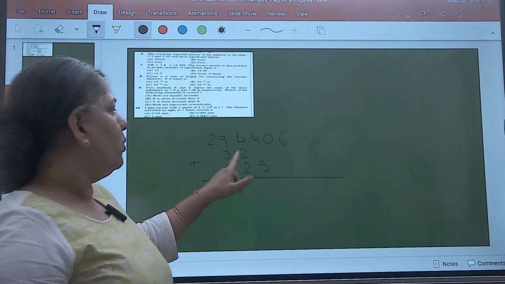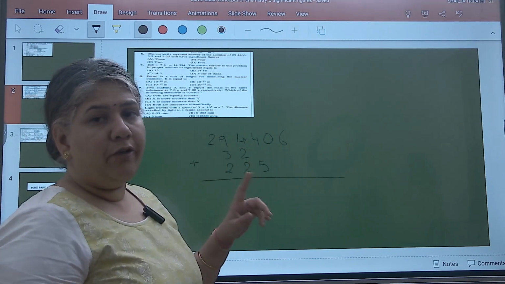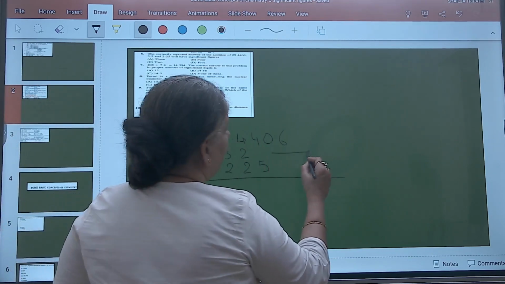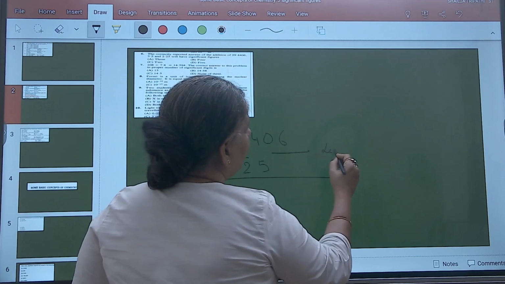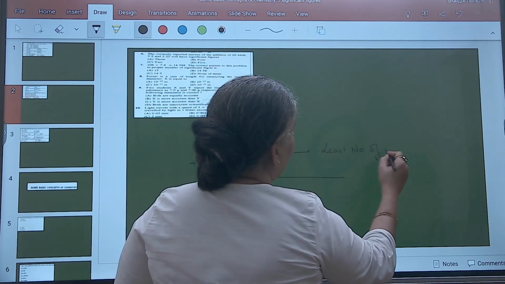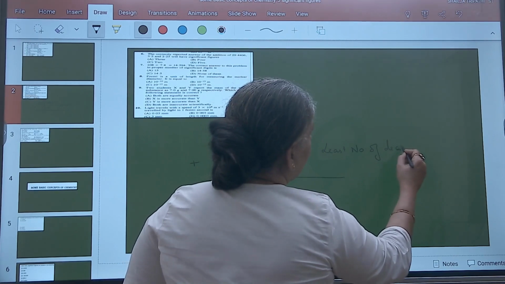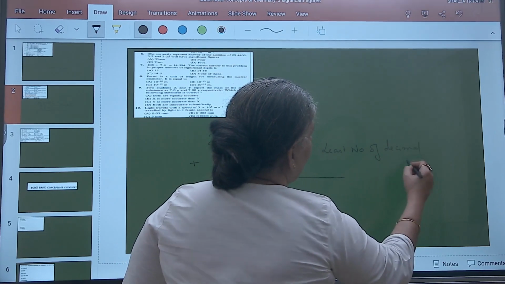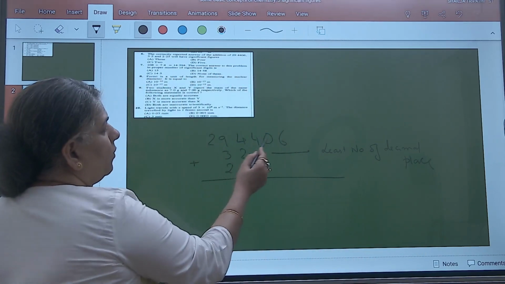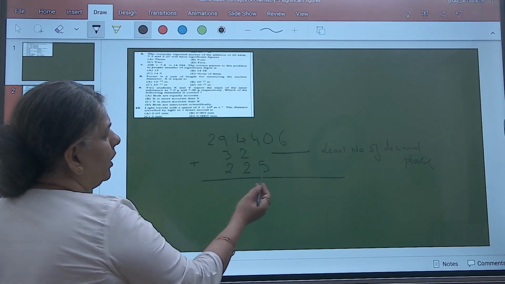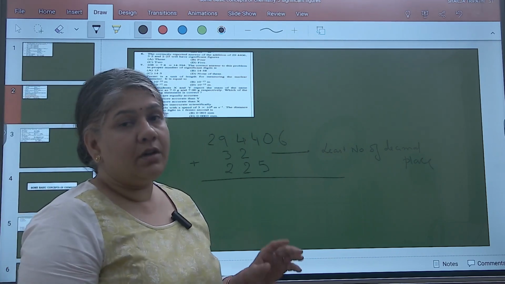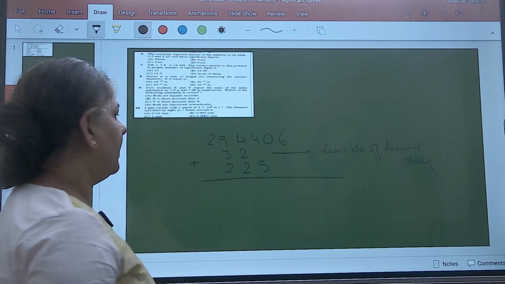So 3.2 has only one decimal place. The first has 4 decimal places, 2.25 has 2 decimal places. So we have to report the answer up to 1 decimal place.